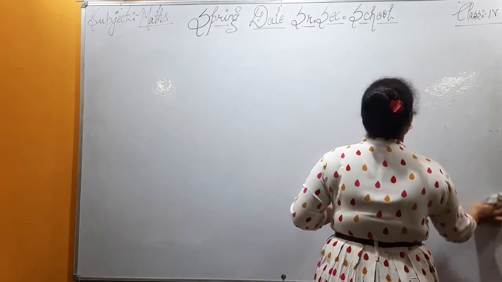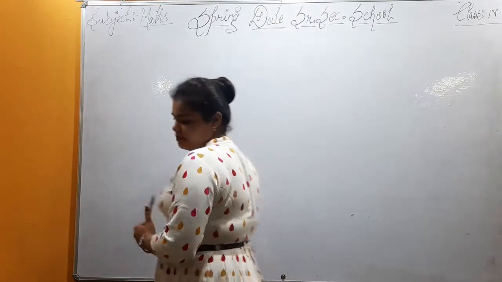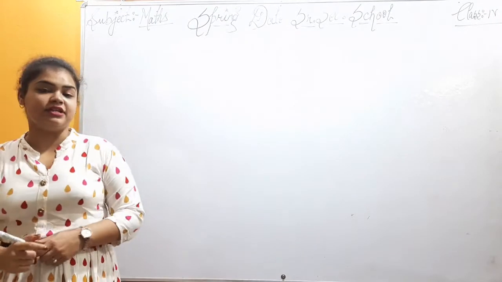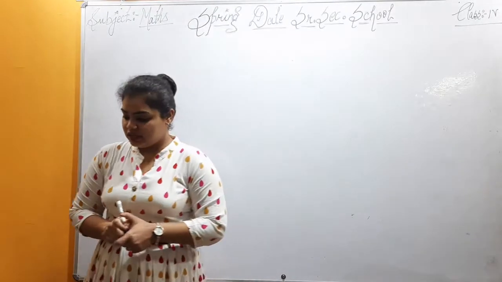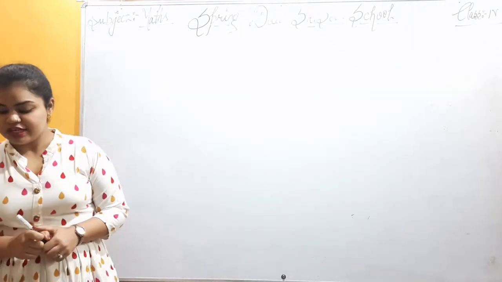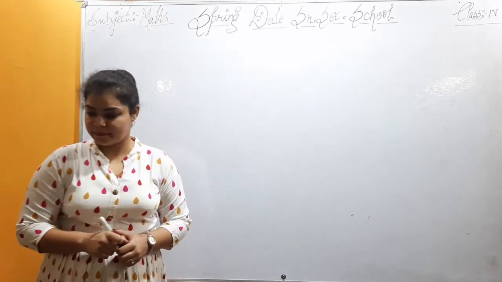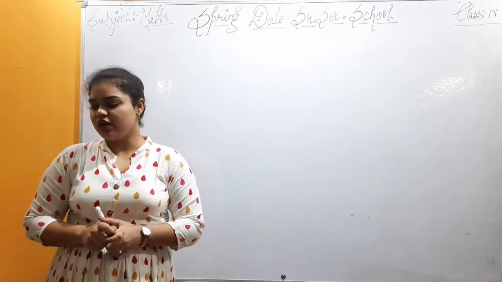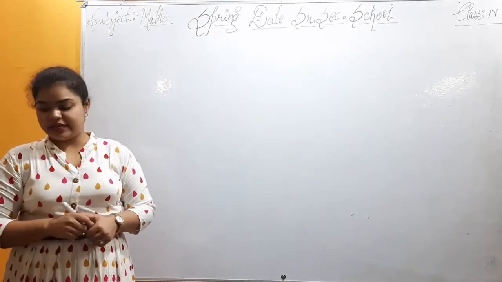Just open your textbook and see page number 27. There, the first rule is written. What is that rule? Before starting the rule, I would like to make one table.